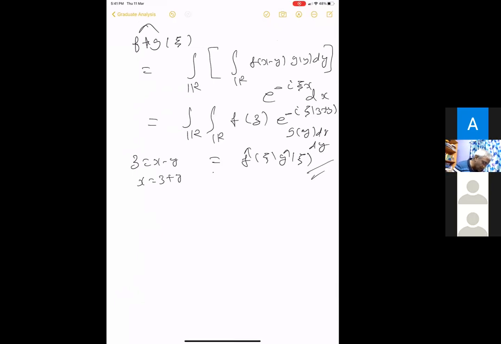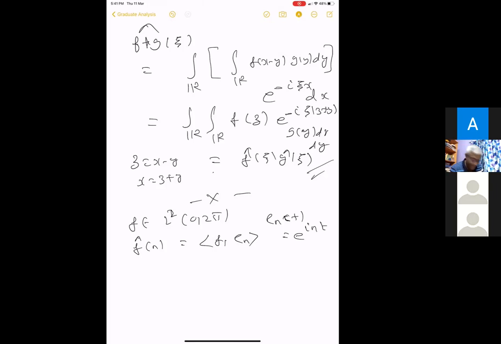See, in the discrete case, suppose f is in L2 of (0, π). Then f hat of n is nothing but the inner product of f with e_n, where e_n(t) equals e^{int}, which is just this integral.